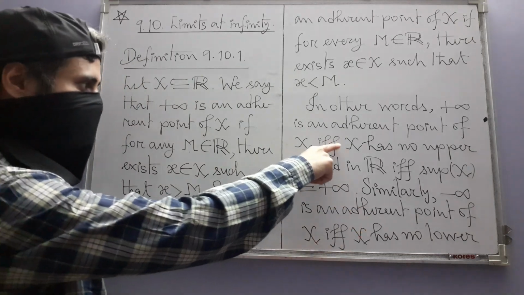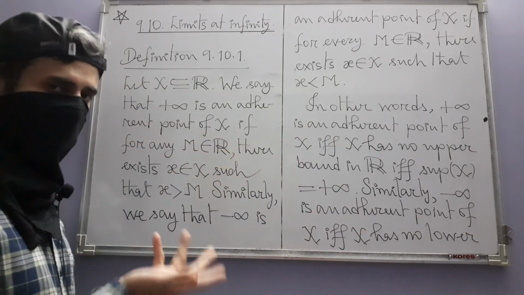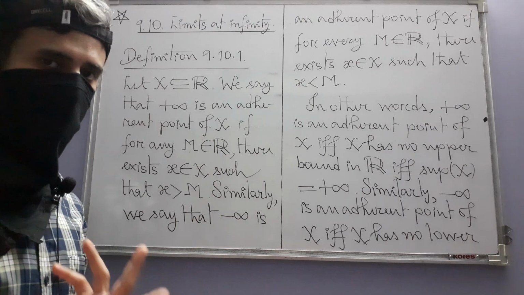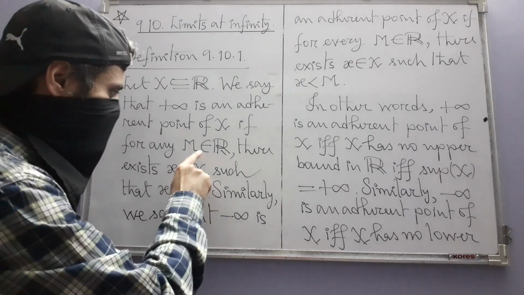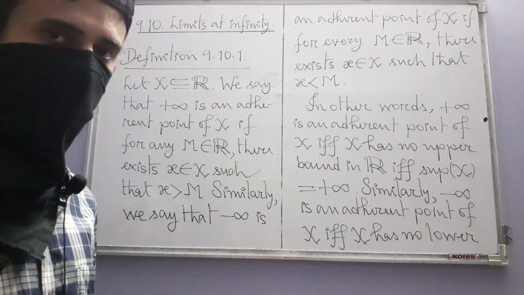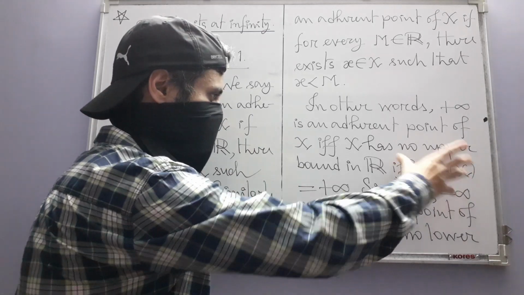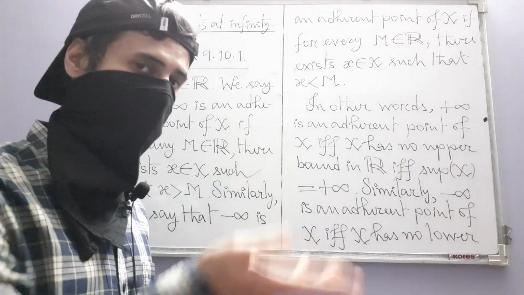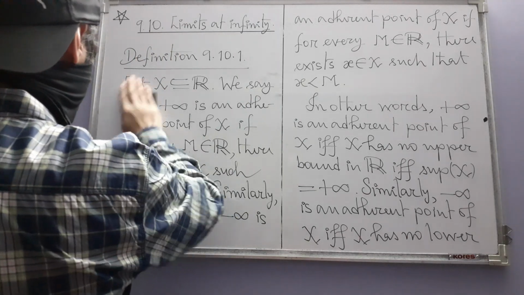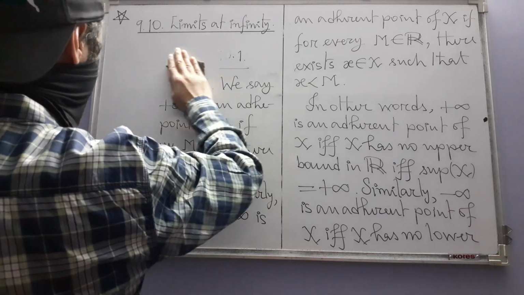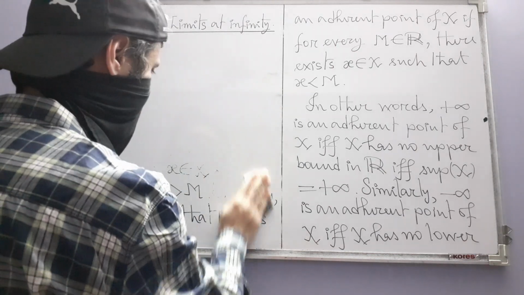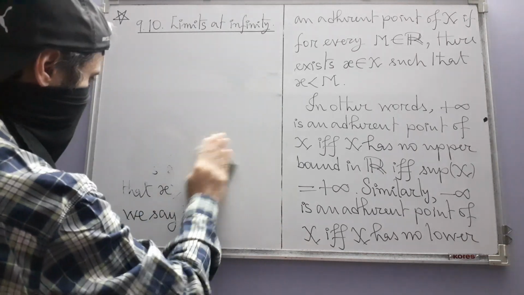The first if and only if is immediately clear from the definition, because this is precisely the case in which X fails to have an upper bound in R. In R, I say, because plus infinity is always an upper bound for any non-empty set of real numbers in the extended real number system. And the second if and only if is also clear, because in that case, precisely because X is non-empty, the supremum is plus infinity.